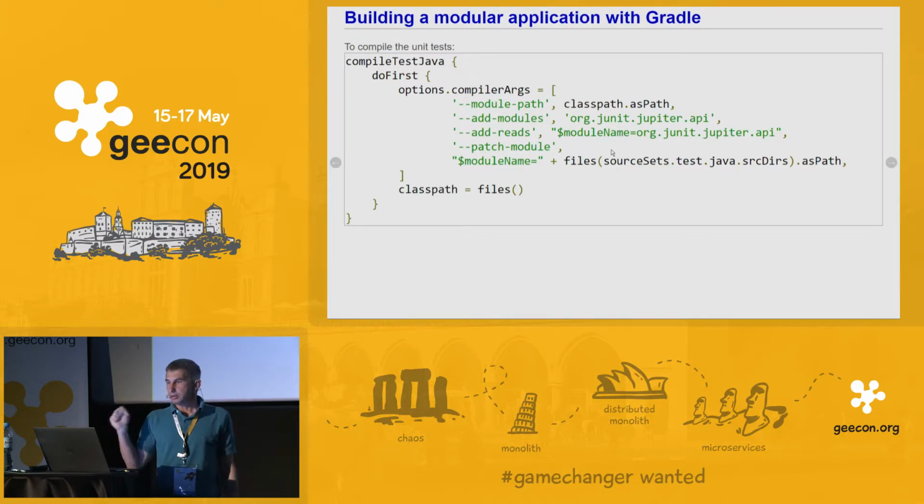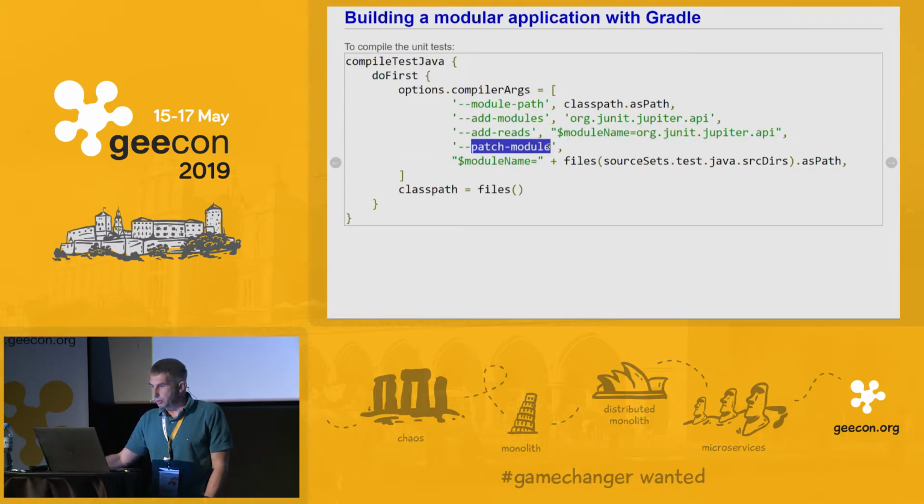So we need to deal here with a split package between the main module and the test module. And we patch our module, specifying that all classes from the test source set should be merged into our module. Additionally, we need to add the JUnit module to the list of modules to be resolved, and we specify that our module requires the JUnit module.